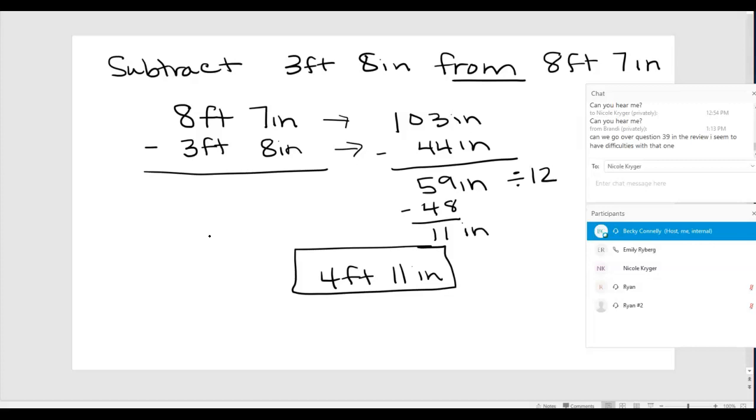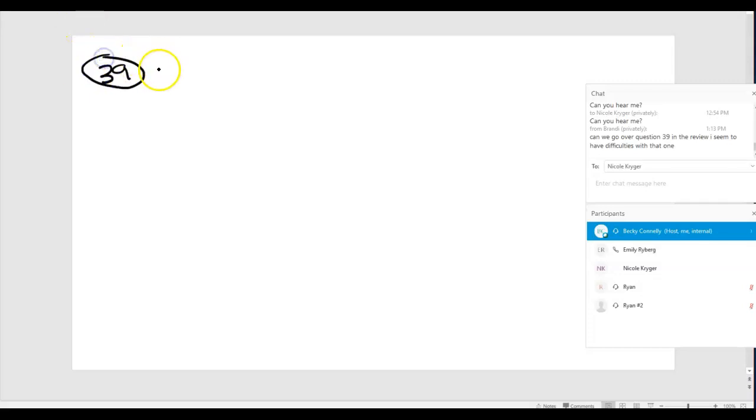I know I just skimmed through some stuff, but one of the other students wanted to look at number 39 on this review, so let's take a look at that one, see if you can find anything else there that you want to look at.